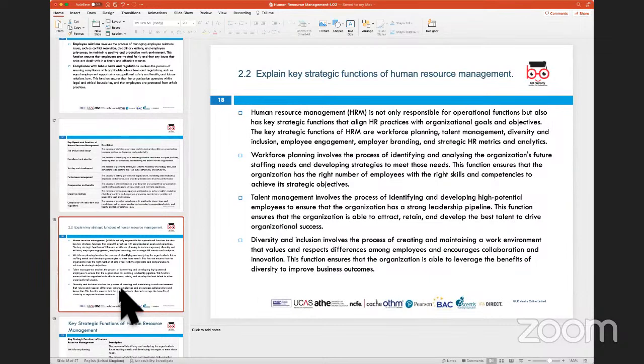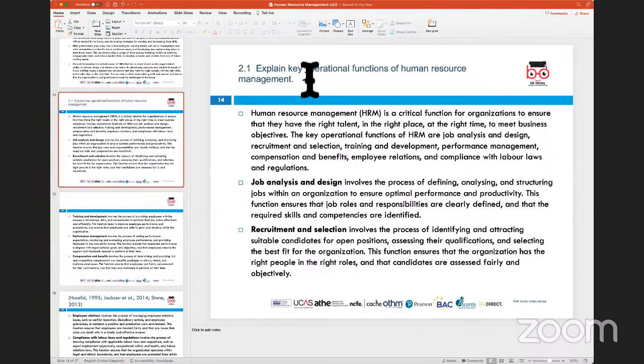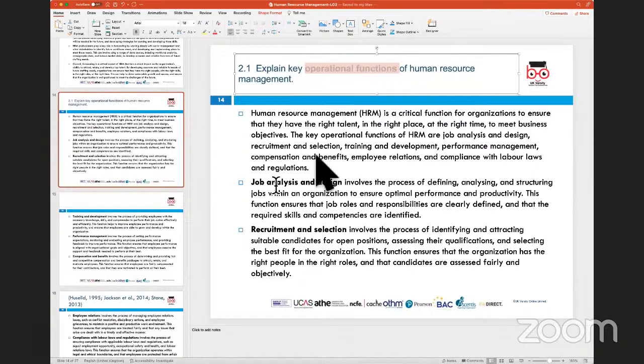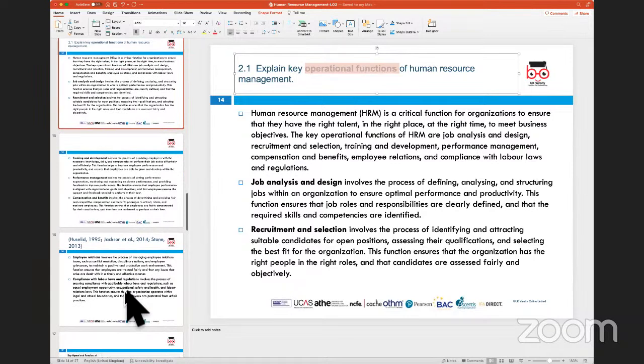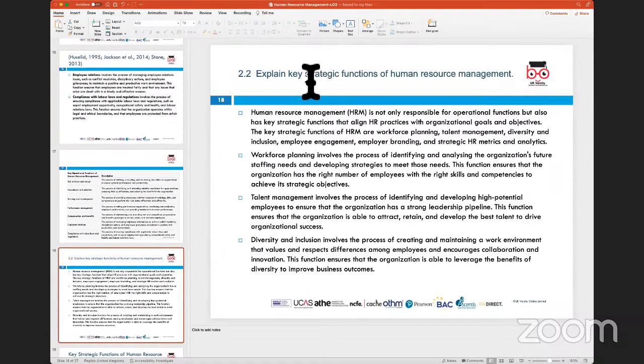Yes. Now, in the second assessment criteria, we're looking at key strategic functions of human resources management. Note the word in the first part of the assessment criteria: it says operational functions, which are day-to-day routine functions that somebody who works within an HR department would do. But the second part of the task talks about strategic functions.